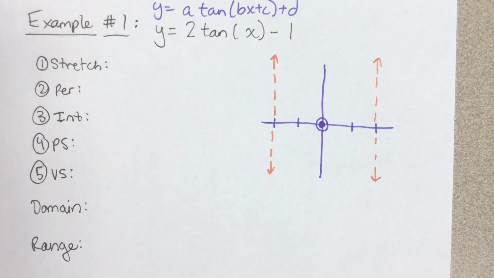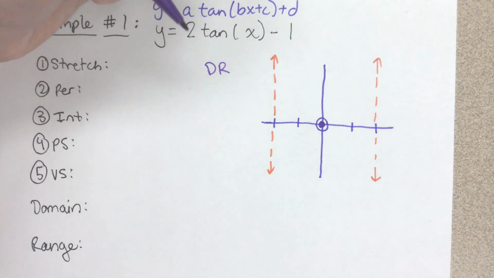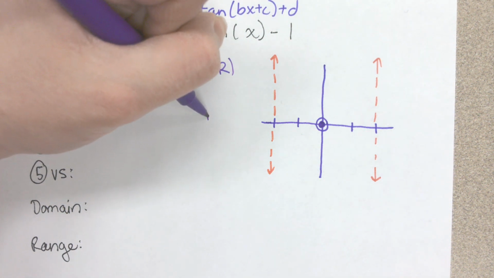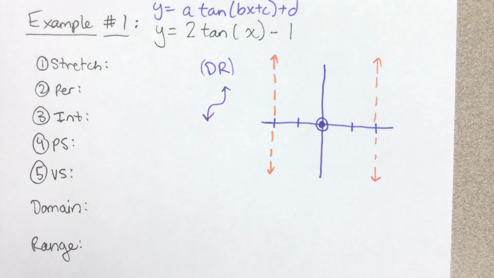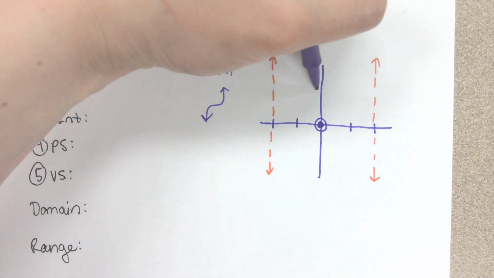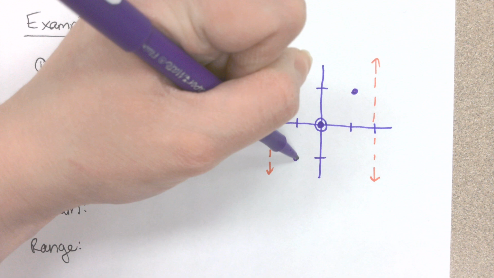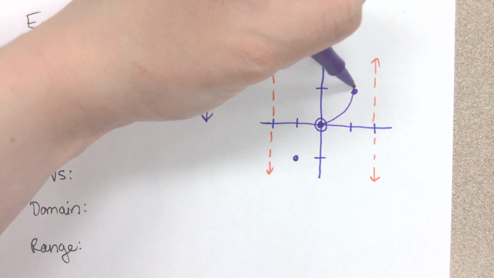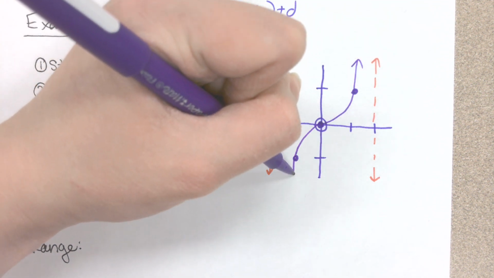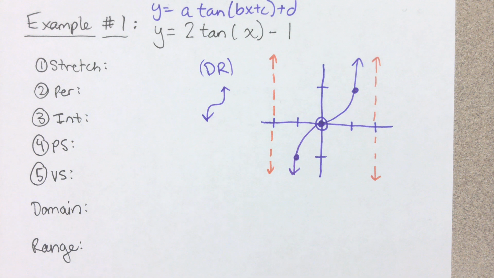And then from here, since it's tangent, this is disco right. So we're going to go up to the right and down to the left, creating our disco curve. And there you have it.